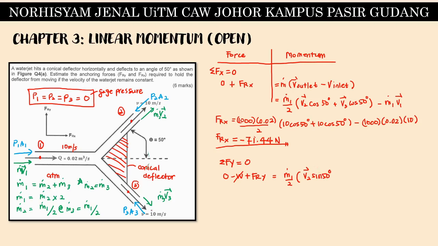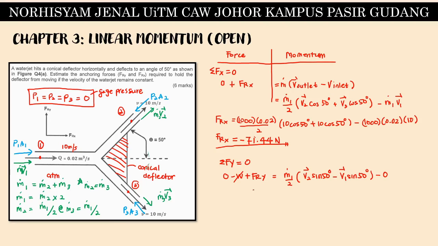Okay, and then this is going downward, minus V1 sine 50. And then we don't have any calculation for m dot V1 here because its direction is going to the right. Okay, so we don't have any y direction for m dot V1, so this is equal to 0.